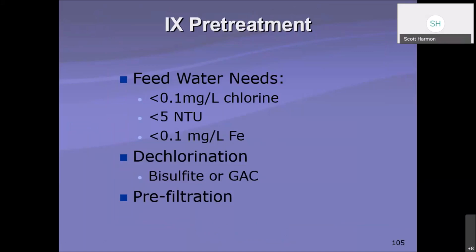This is the range it's looking for with chlorine, with the total contaminant load coming in, NTUs, and your iron level. It also talks about the dechlorination component if you need to do that. You could use bisulfite or GAC. A lot of plants use GAC now. And then the pre-filtration phase of an ion exchange system.